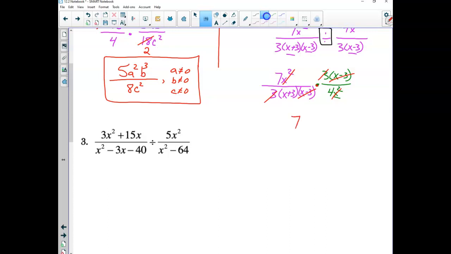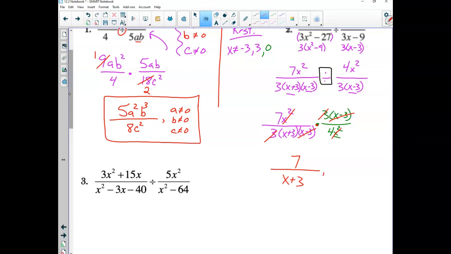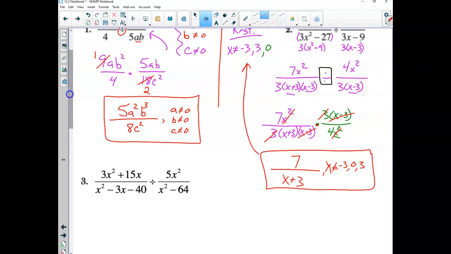I'm just left with a 7 in the top and an x plus 3 in the bottom, and my restrictions, then I'm going to come back and say, x can never equal negative 3, 0, or 3. And that's why I'm listing them in numerical order, because I'm seeing them right out of the blocks, and then I can rewrite them appropriately when I circle my answer.